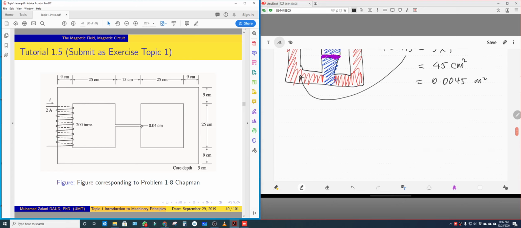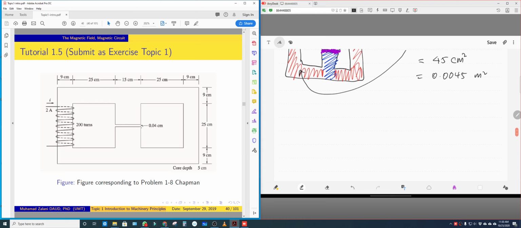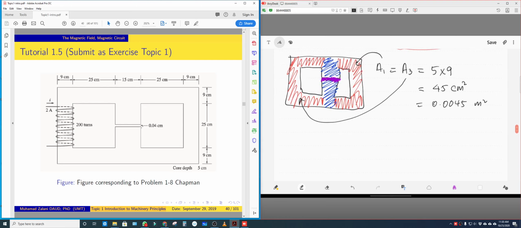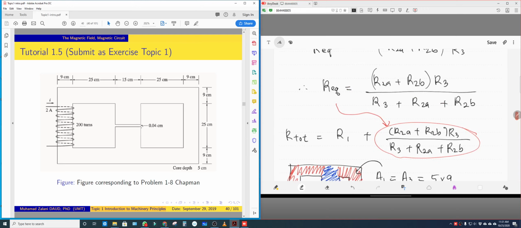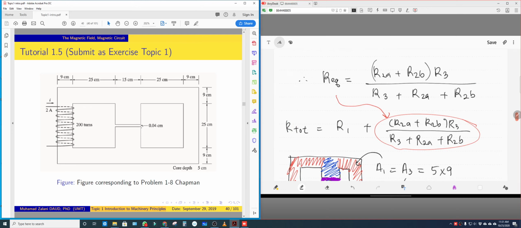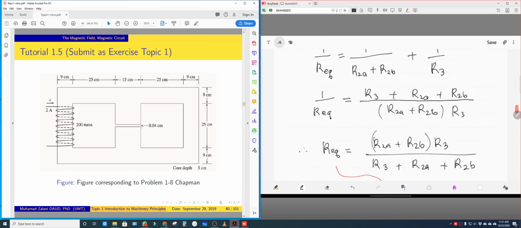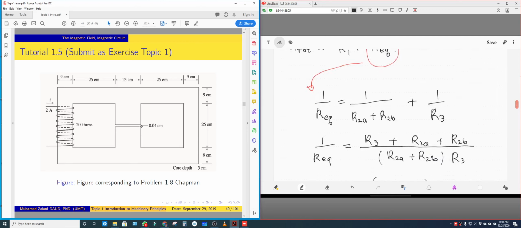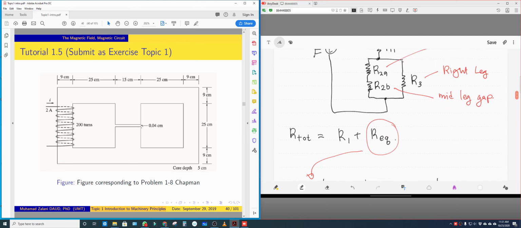Itu bahagian yang merah. Bahagian yang biru pula. Okay. Bahagian yang biru, iaitu saya namakan sebagai A2A, iaitu bahagian yang B adalah air gap. Okay.